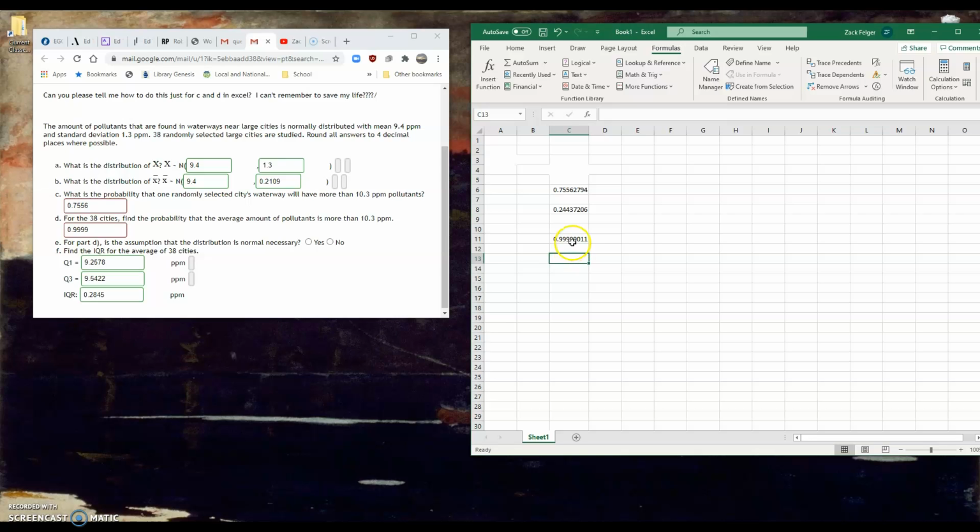So equals 1 minus that, hit enter. Now your correct value for this, let's see, extremely small.